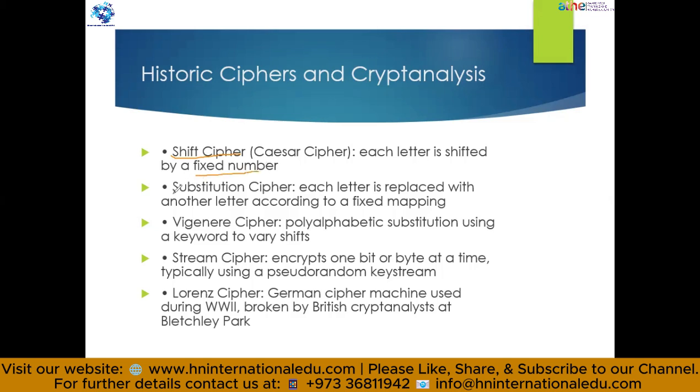And in substitution cipher, we replace the letters with some other letters with a fixed mapping, right? But now we have to see some complex cipher methods like the Vigenère cipher. In the Vigenère cipher, we use polyalphabetic substitution using a keyword to vary shifts. Now, what does it mean by this?